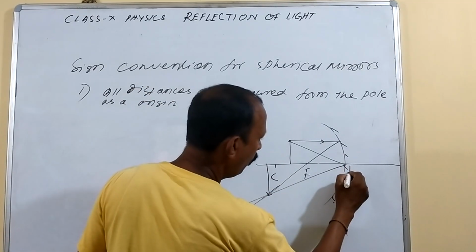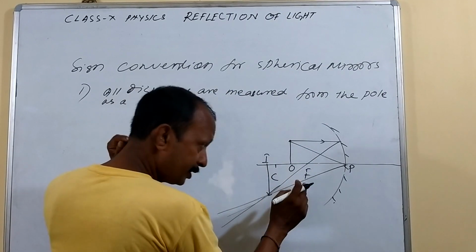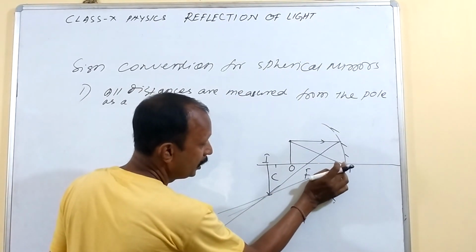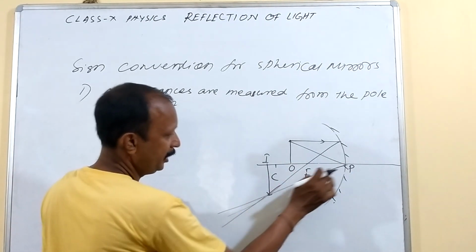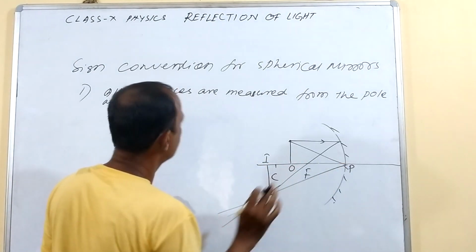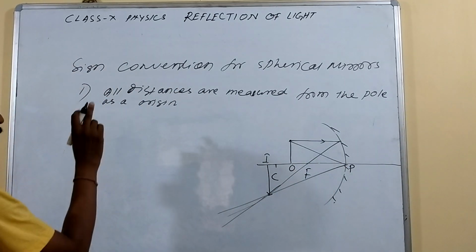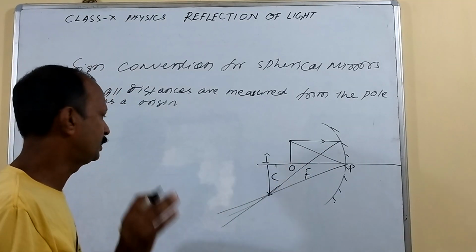So this is the pole, this is the object, this is the image. I shall measure the distance from pole to object, not from object to pole. Image distance I shall measure from pole to image, not image to pole. So the first rule I have written: all distances are measured from the pole as an origin.